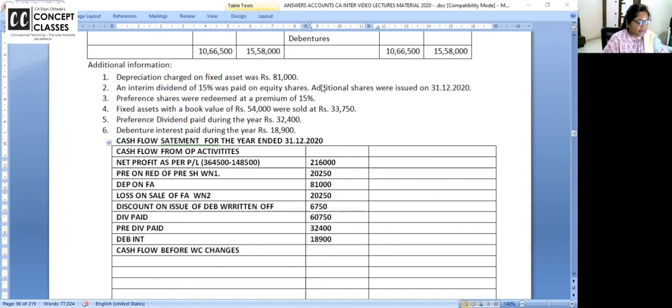How much are you all getting? Add everything, do not subtract. Are you getting 456,300? Let us cross check. 456,300 is before working capital changes, right?